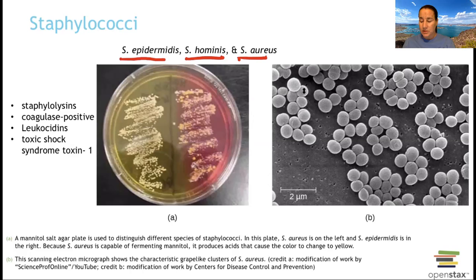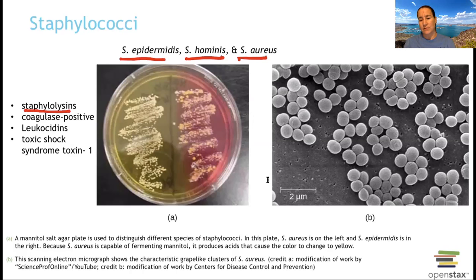So how do you differentiate between the different types? They do have more virulent strains. The more virulent ones, such as in Staph aureus, may have things like staphylolysins, and those are going to be cytotoxic, which means that they will kill cells. If we talk about cytotoxic killer T cells, that's what they're doing.